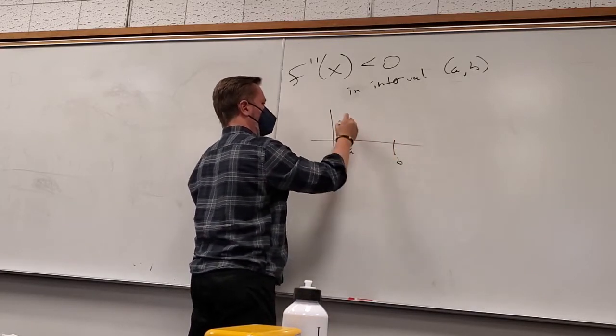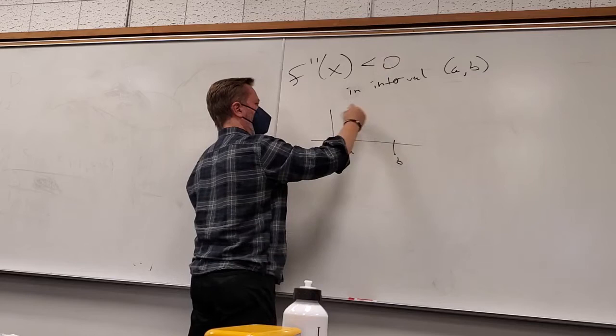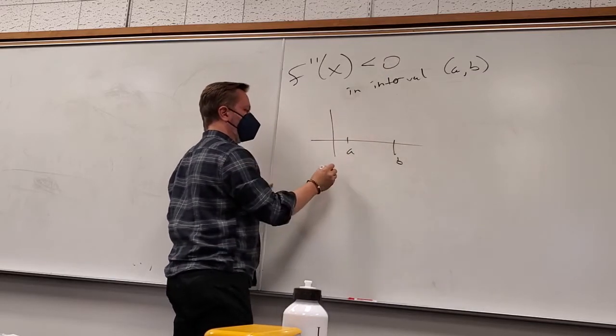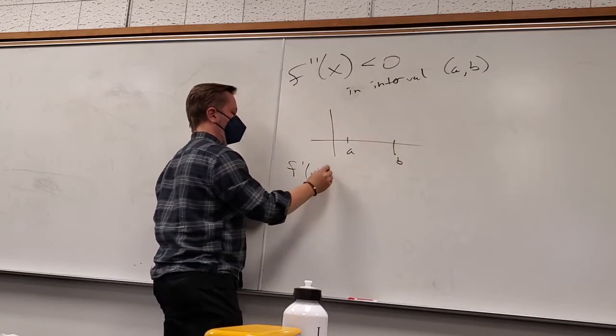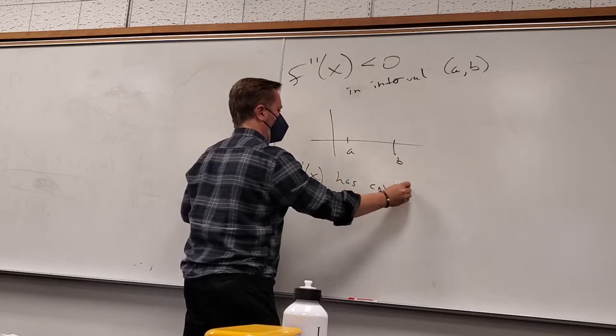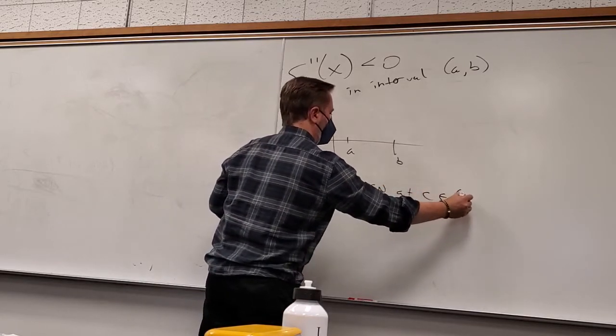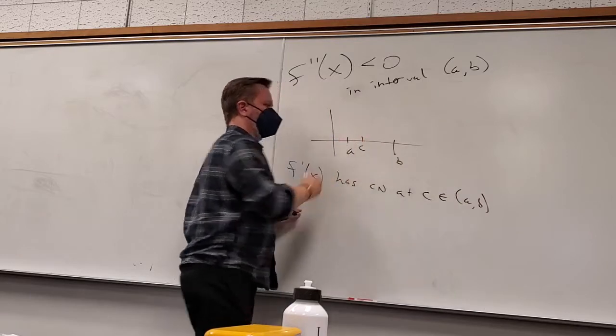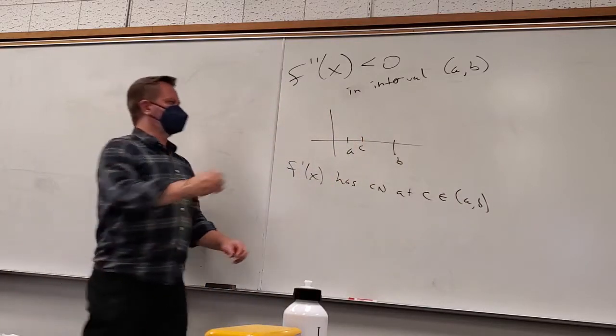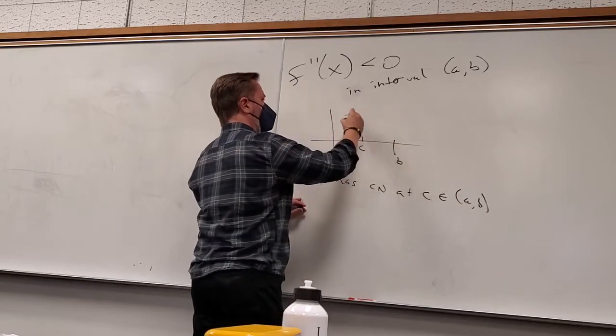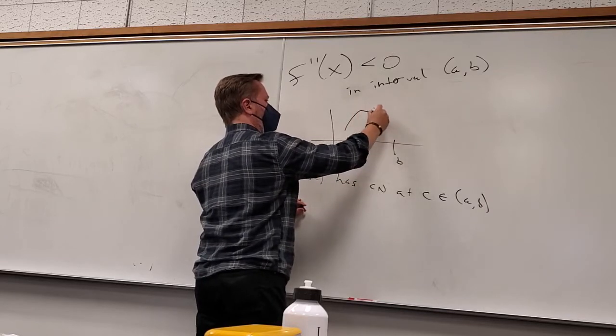Concave down, I love it. So it's going to have some concavity. Let's say that f prime has a critical number at c, which is in a to b, and this is concave down. So therefore, what must be true at c?